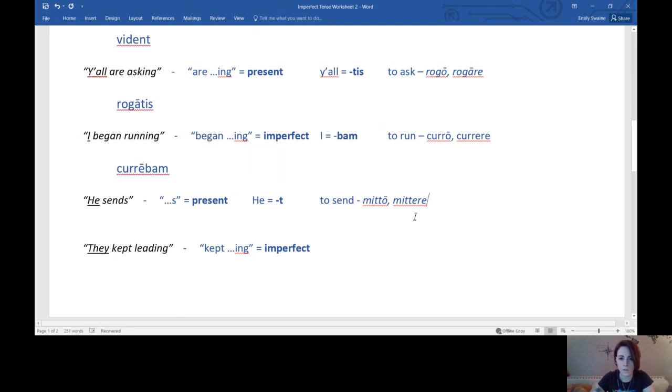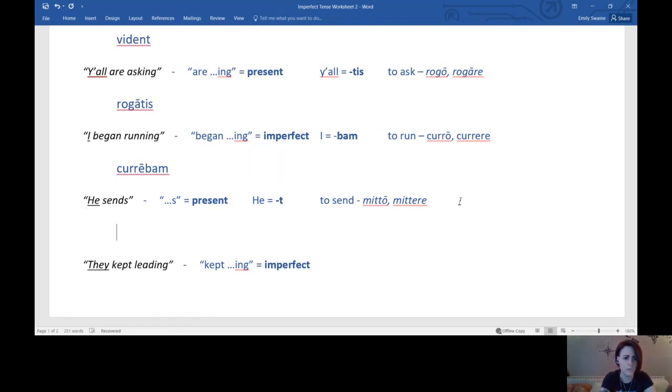We get a lot of words in English from this, like anything that ends in -mit, like commit, to commit troops, for instance, or admit, I admit I'm wrong. So commit, admit, permit, anything that ends in -mit comes from this word. So to send is mitto, mittere. You may have had to look that one up too. Can't remember if we've had that.